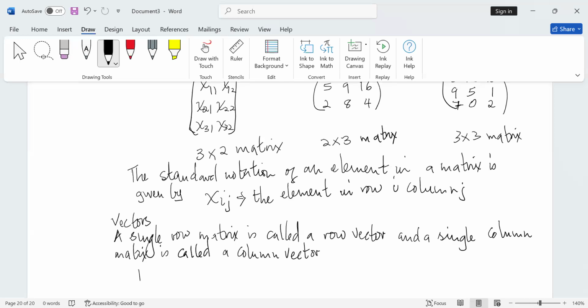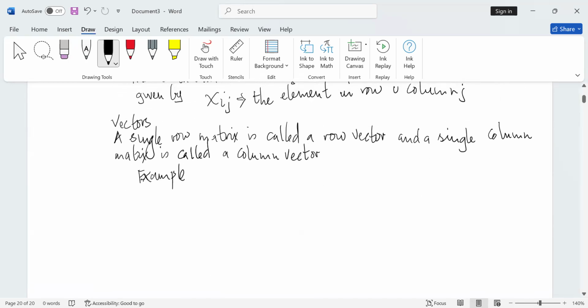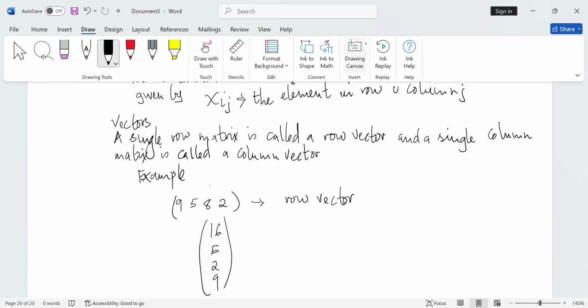Example, this one is called a row vector. This one is called a column vector.